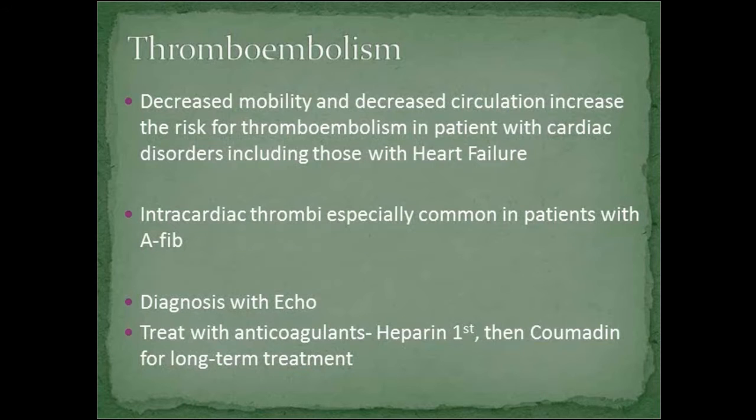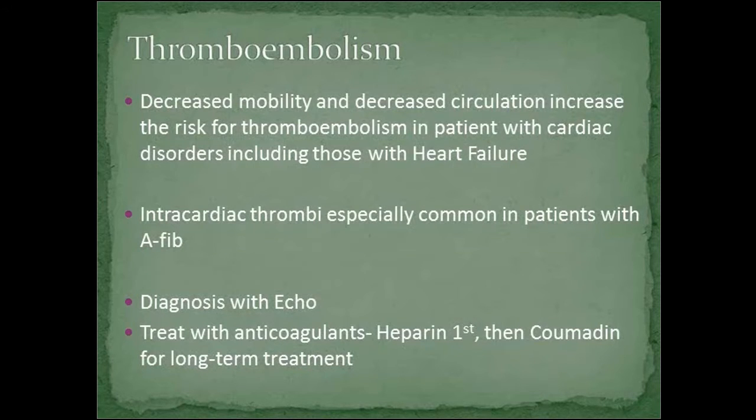Because the patient has reduced cardiac output, they have reduced contractility, their activity level is reduced, their mobility is reduced. So that also puts them at risk for developing clots. So here you have a patient who actually has a double risk of clot formation. Okay? So we have the risk of intracardiac thrombi, clots as the result of AFib.